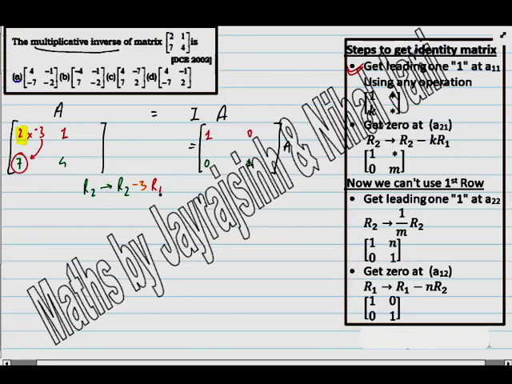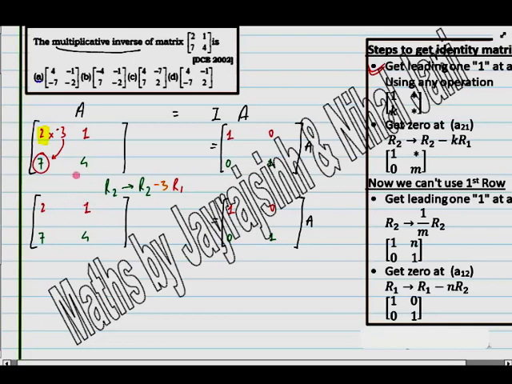So let's take the operation R2 gives R2 minus 3R1. Here we get the upper row as it is. Now we have to take the operation in which we multiply minus 3 to the first row, and then it will be added to the second row. So 2 into minus 3 will be minus 6, 1 into minus 3 will be minus 3.